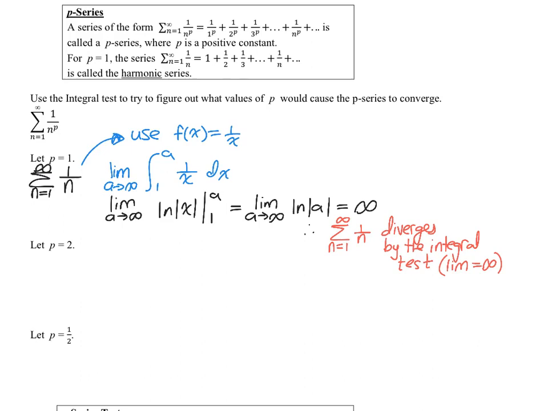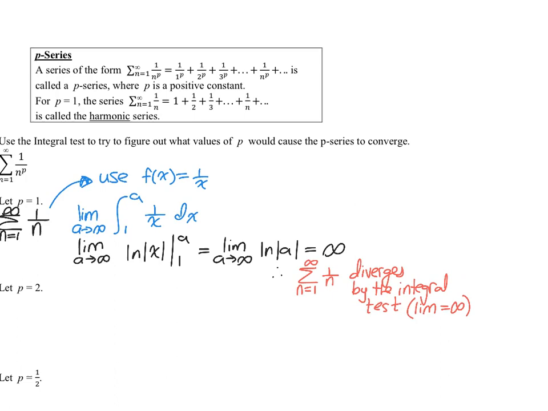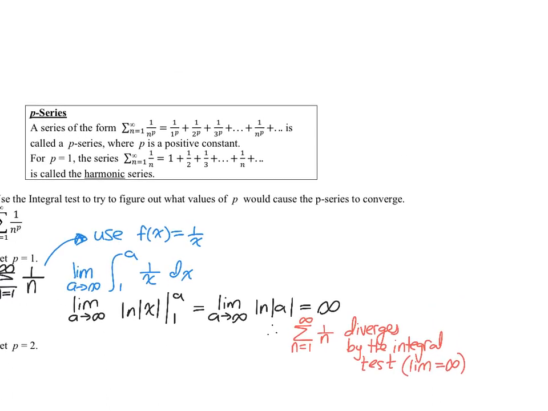But one thing I will tell you to consider is that sometimes, and I won't do this to you on a test, it could be a trick question. If p is less than or equal to 0, it's not a p-series.